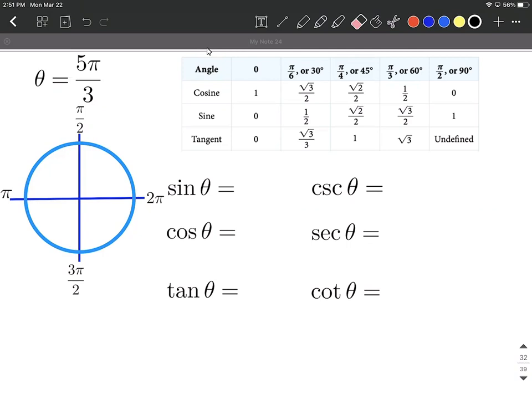As we get going here, I first look at 5 pi over 3 and place it in the correct quadrant. I've listed out our quadrantal angles, pi over 2, pi, 3 pi over 2, and 2 pi.